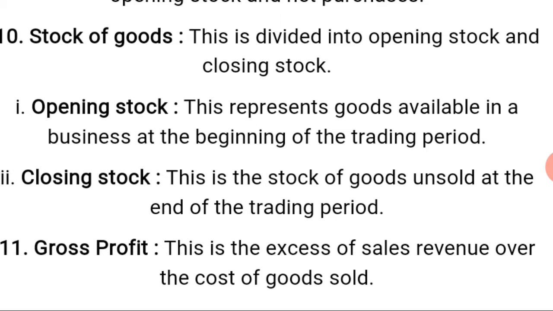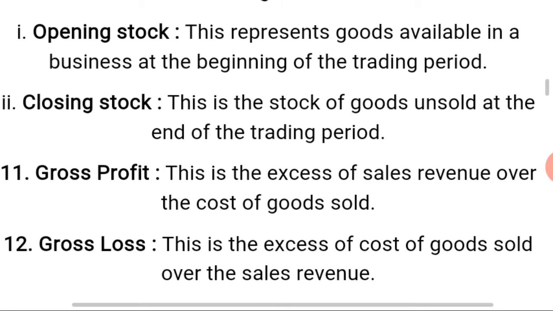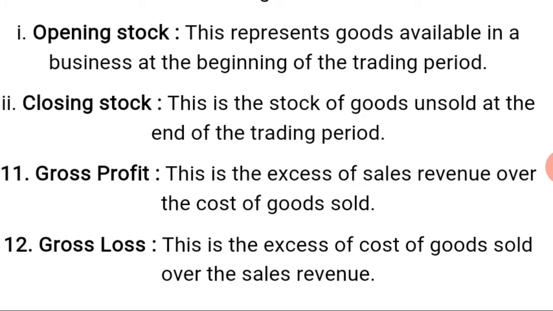We have the opening stock and the closing stock. The opening stock represents goods available in a business at the beginning of the trading period. What this means is that the closing stock of the last period will now become the opening stock for this new period.